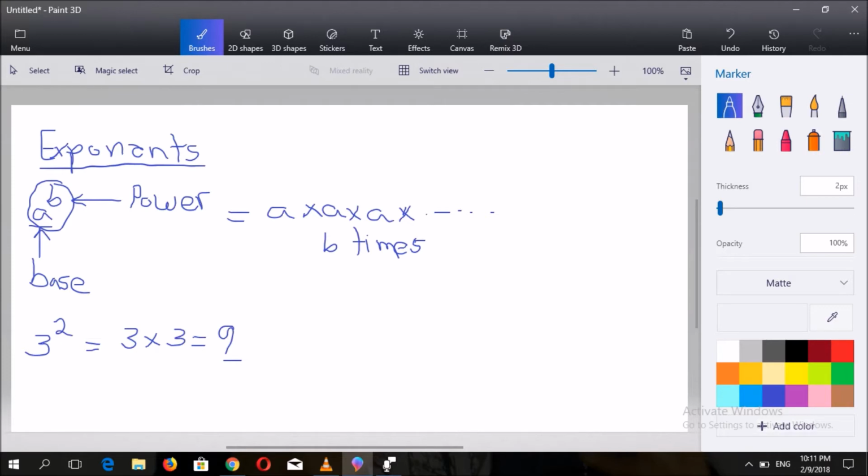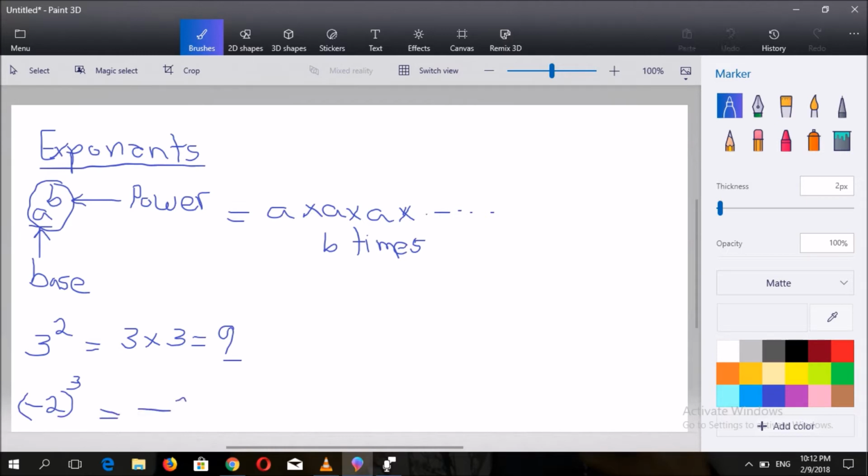Now, if we have another example, just to give you more sense of how we can calculate the value of an exponent. Suppose that we have, for example, minus 2. By the way, the base or the power can be either positive or negative. So in this example, I am having the base as a negative number. We have the base of minus 2, and this base is being raised to the power, for example, 3.